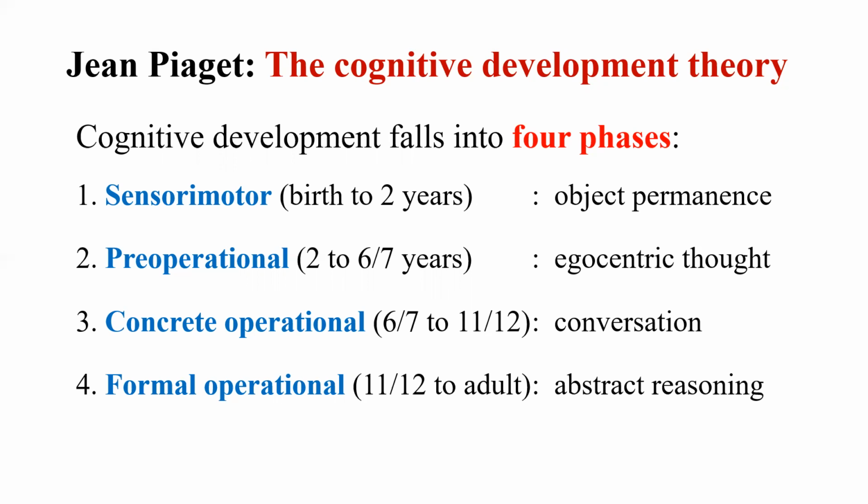This stage has to do with object permanence, in the sense that a child needs the presence of the object. If the object is not in front of the eyes of the child, the child may not talk about that object. If that object is in front of the child, the child may talk about it.